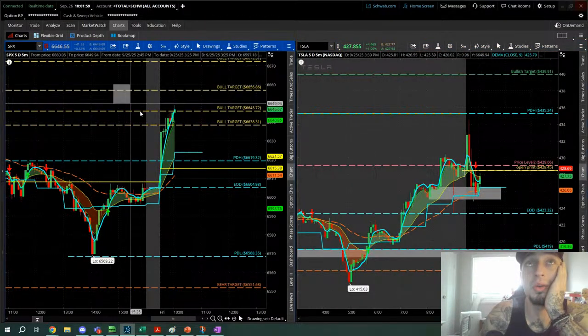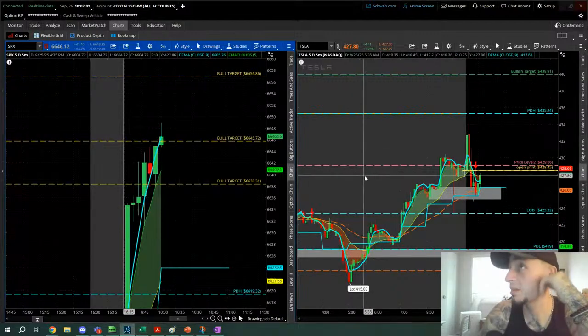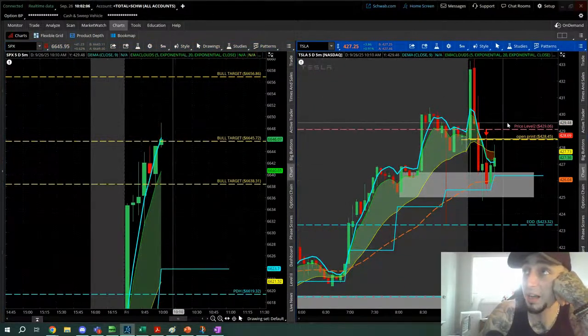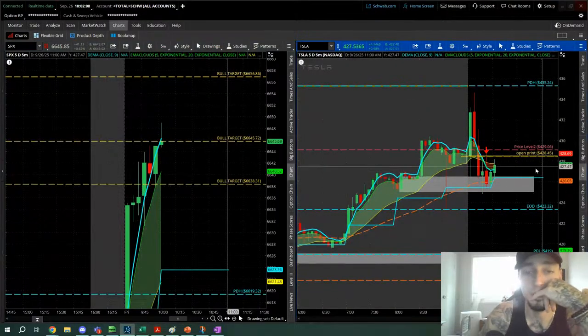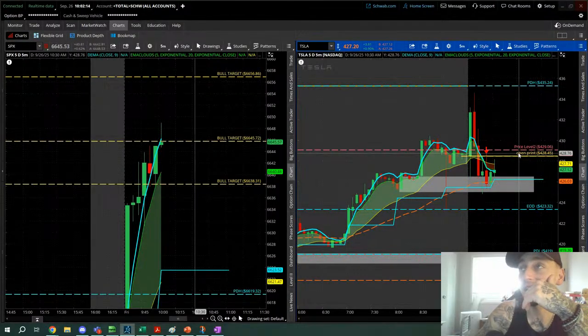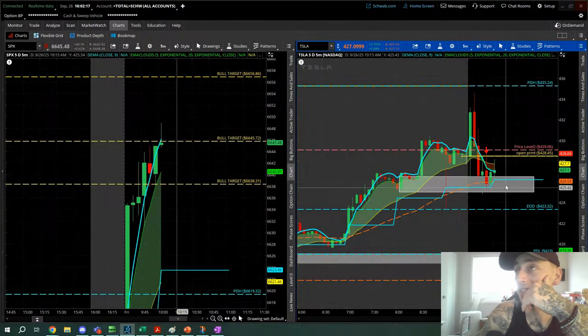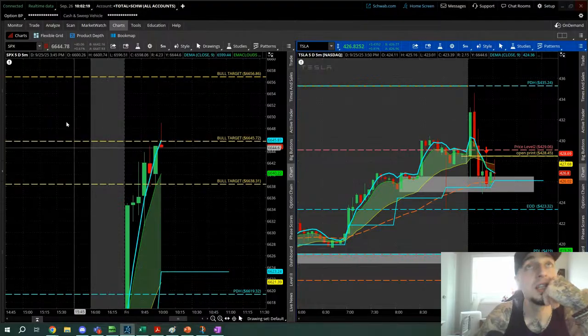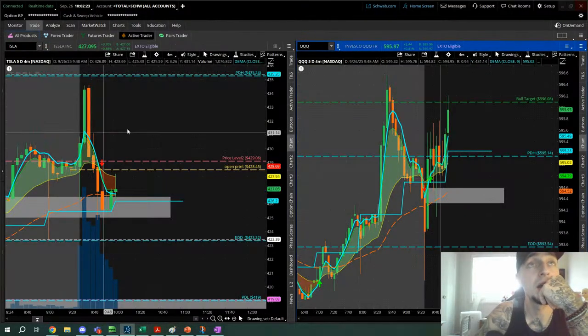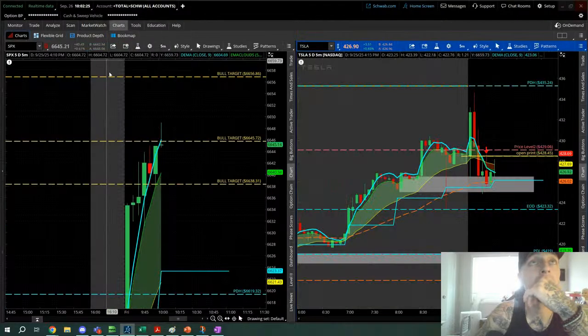I'll be blown away if buyers hold this. I really will. All right, so you guys watching this on Tesla, it looks like we're coming back up to open print. QQQ is coming up to pre-market high here. Tesla, retest. I'm patient. Still really ain't nothing here for me. Oh, wait. What is this?